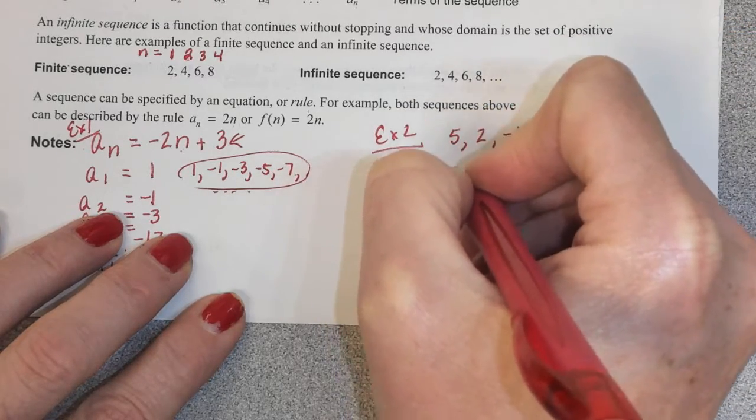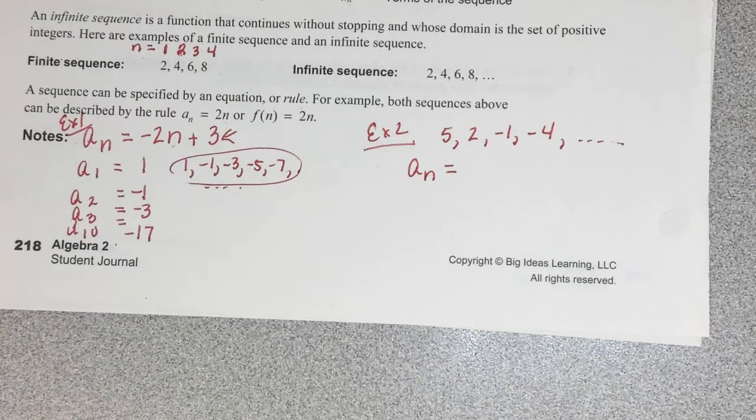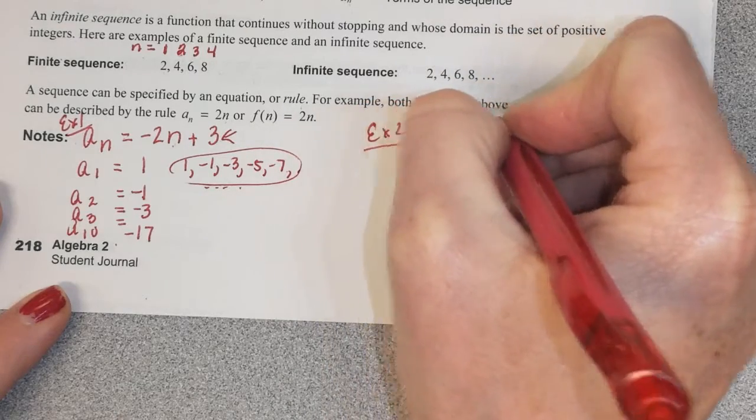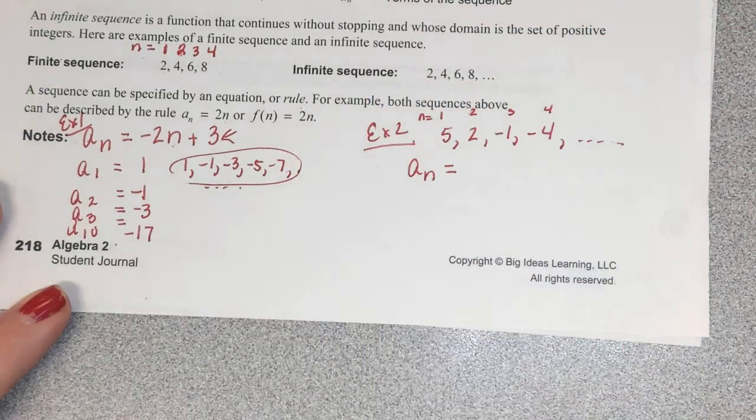What would the rule be for that? So this would be when n equals 1, n equals 2, 3, 4.